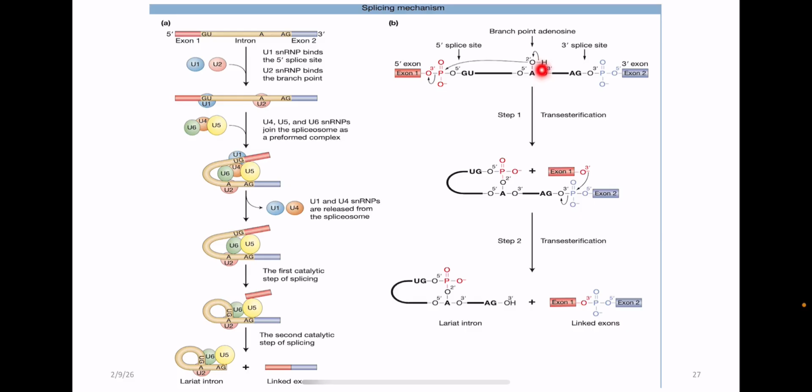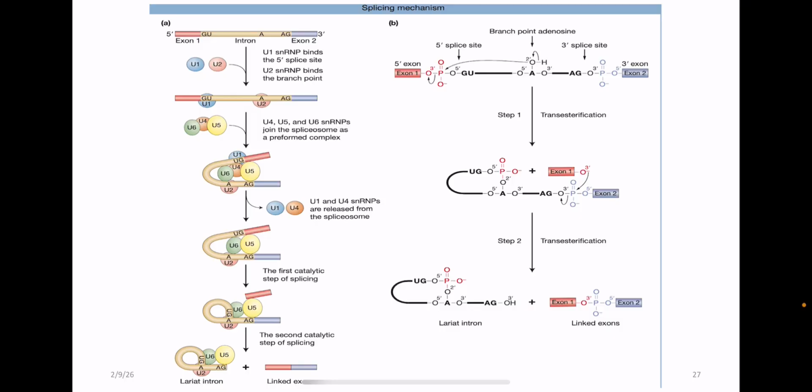So the H that left the branch point will be given to this one, so that it won't be unstable. The H inside will now be OH, and this is the lariat intron, or the looped intron, and the exons will be linked together by a phosphate bond. So that's how splicing is done using the snRNP proteins.